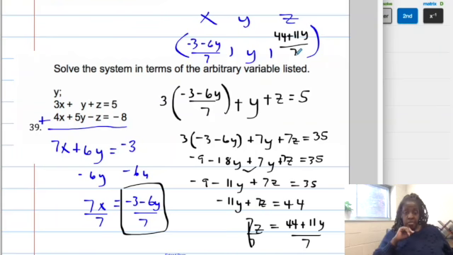Now, we have solved this problem. And this is the weirdest solution you might ever see in your life, but it represents one of many sets of infinite triples, infinite XYZ solutions to this line where these two planes intersect.